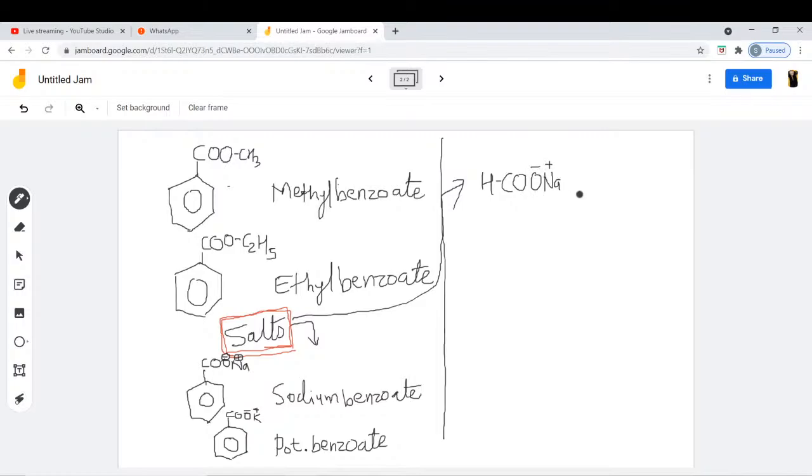So its name will be sodium formate, the common name, and its IUPAC name is sodium methanoate.